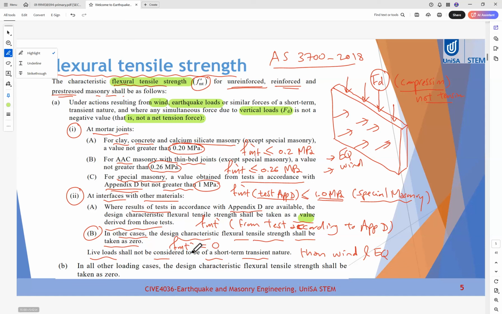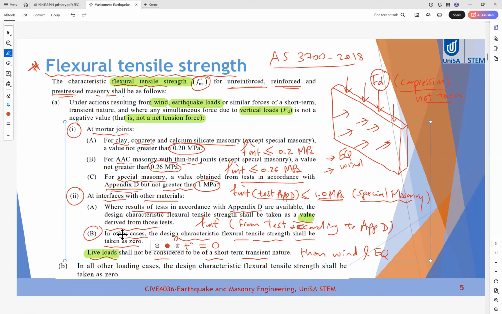Live load is not a short-term transient load.